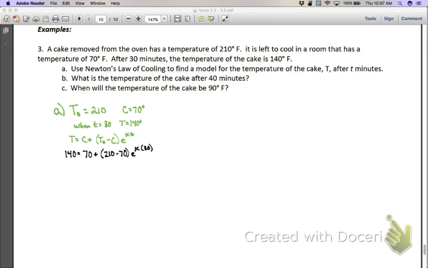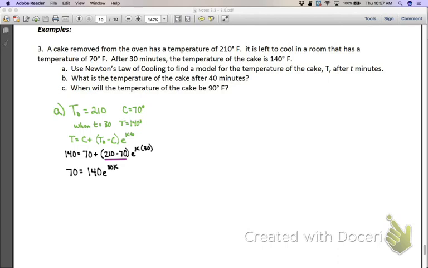I can subtract the 70 from the 140, so I'm at 70 equals 140 e to the 30K.